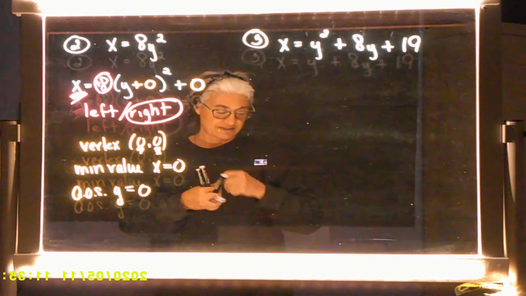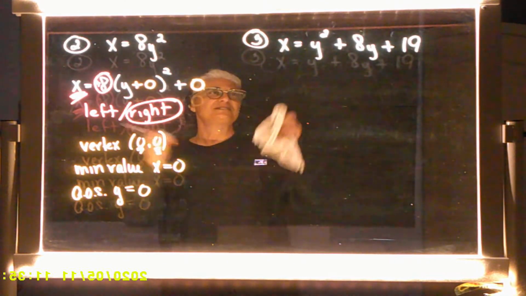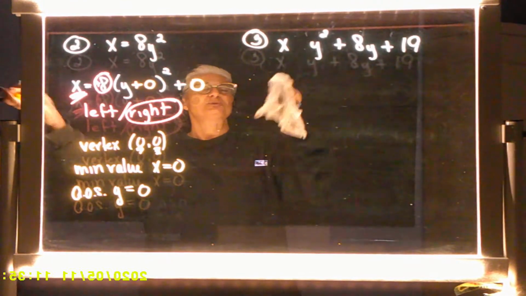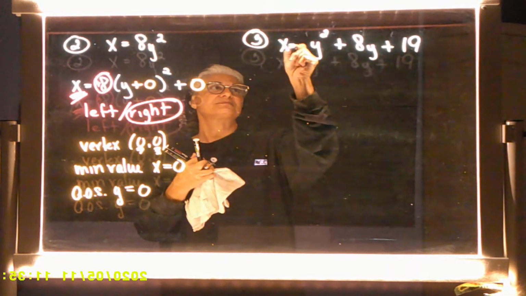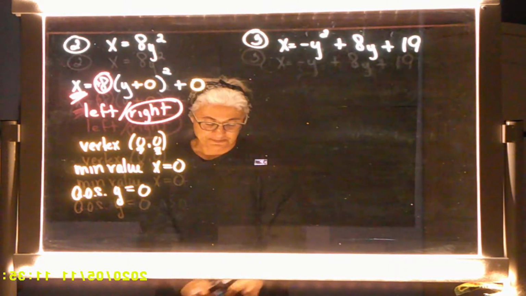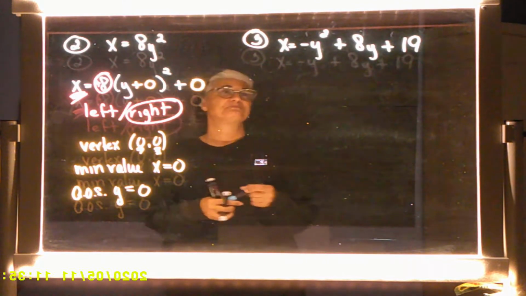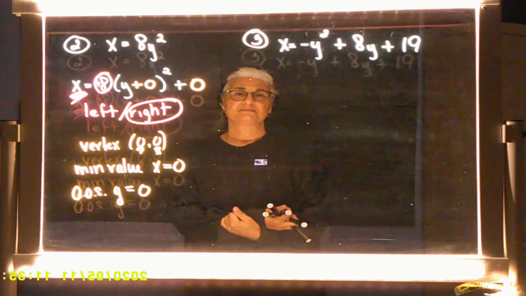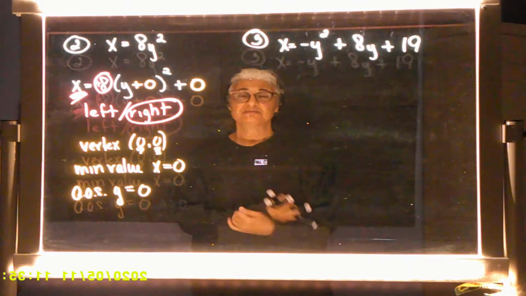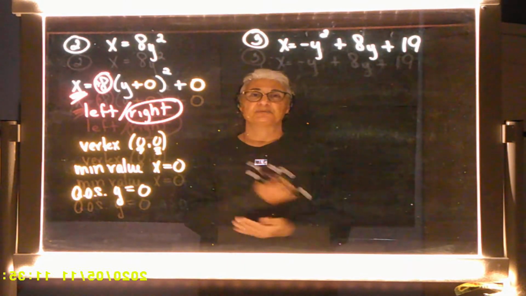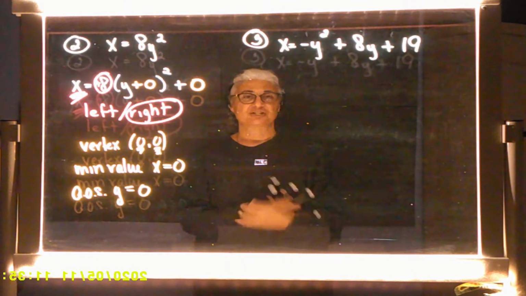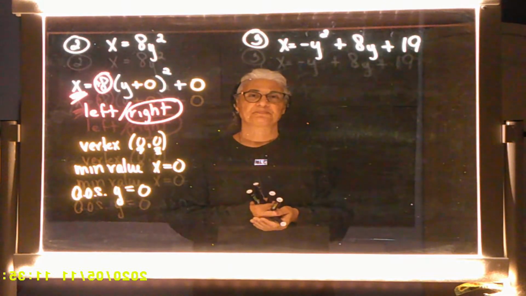I forgot to write something, so I'm going to change it up just a little bit, but gratefully you can handle it. All right, now, is this a parabola? Yes, it is. How do you know? I see a square there, so it's a parabola. And which direction? Up, down, left, right? Which way? Good.